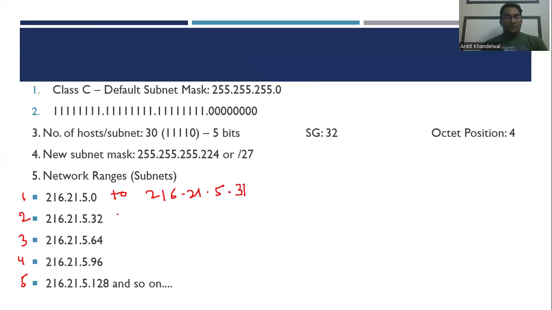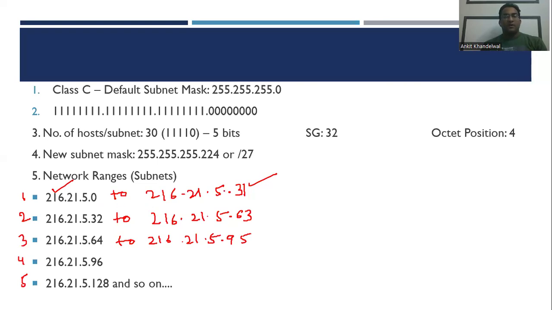The second network will start from 216.21.5.32 to 216.21.5.63. Then the third network will start from .64 to 216.21.5.95. In the first network, this is the starting IP address and this is the broadcast address.